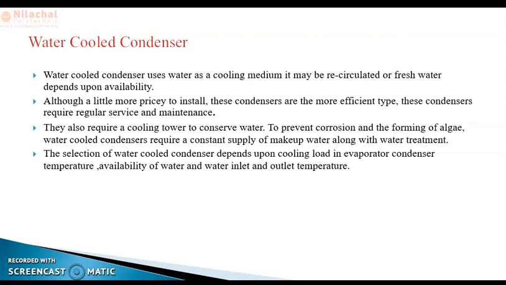Otherwise, corrosion and algae will form inside the tube. So, the water-cooled condenser depends upon the cooling load in the evaporator, the condenser temperature, the availability of water, and the water inlet and outlet temperature. This type of condenser is commonly used in commercial and industrial refrigeration units.